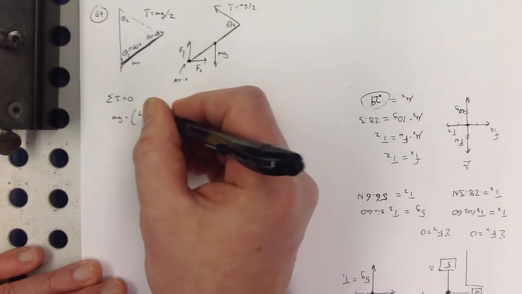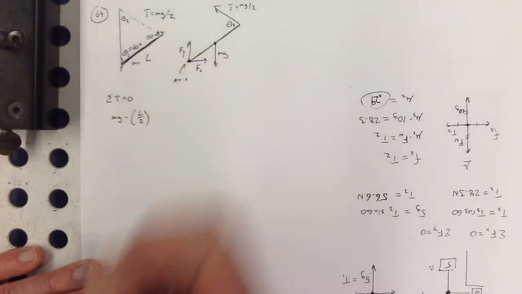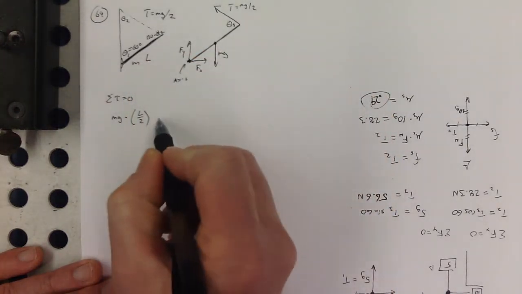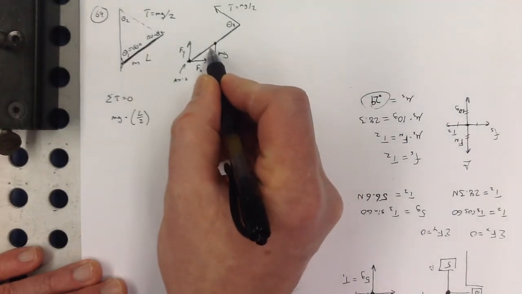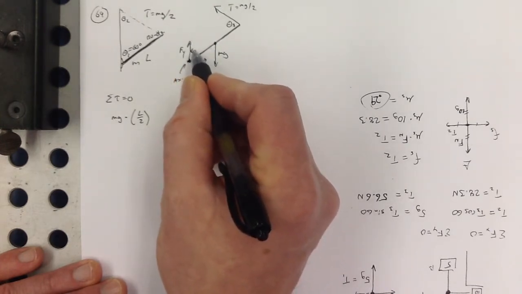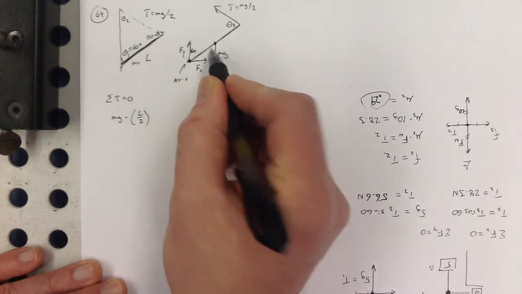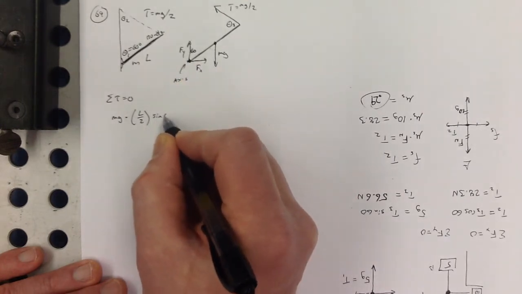So it's at L over 2. Whatever the length is, I'm just going to call that L. Times the sine of the angle between them. So let's see what angle this is. These are parallel lines here, this one and this one. So if this is 60 degrees, these are alternate interior angles, so that's also 60 degrees. So that's sine of 60 there.